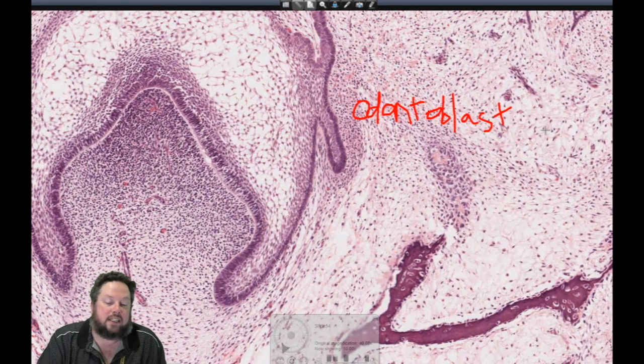But needless to say, the major take-home message is that the enamel organ and the cells that form the enamel come from the surface ectoderm, and everything else basically comes from the mesoderm. Those are the real main take-home messages.